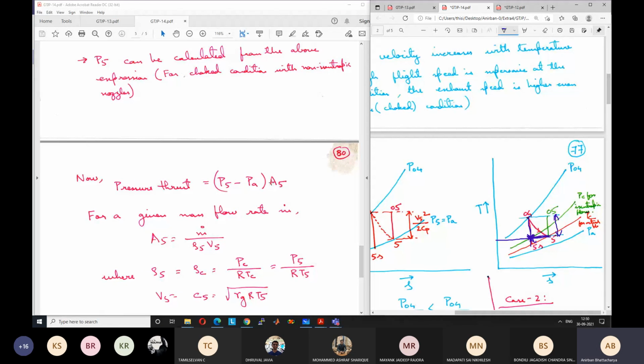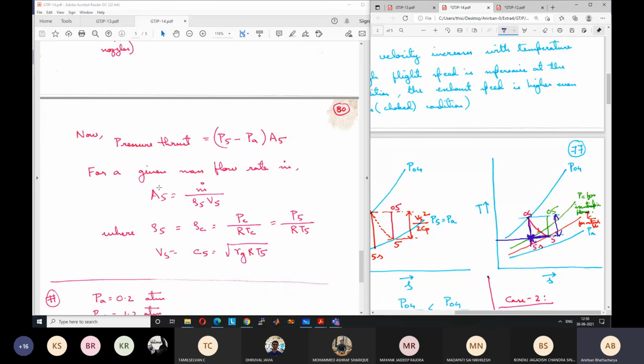Now the mass flow rate can be written as density into velocity into area. Mass flow rate is rho 5 A5 V5 at the exit. The exit velocity is equal to the sonic velocity, which we can already calculate, which is C5, equal to root over gamma R T5.